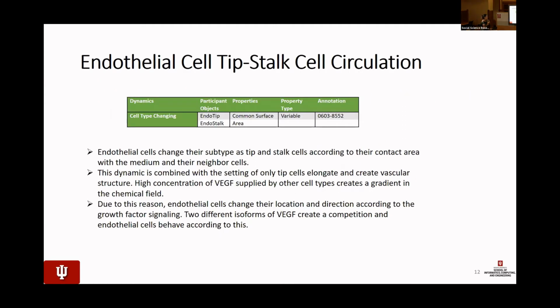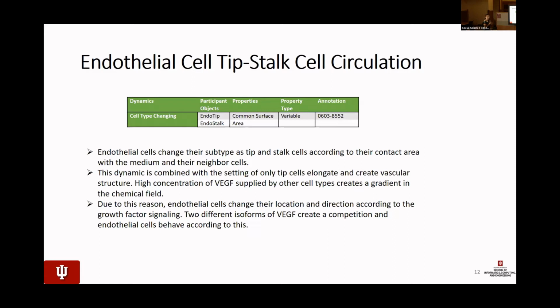So after that, I worked on the endothelial cell circulation, how they will be a tip cell or a stalk cell. So we can see the circulation by actually looking at the location of the cell. If the location of the cell is at the edge, it has more contact surface with the matrix.